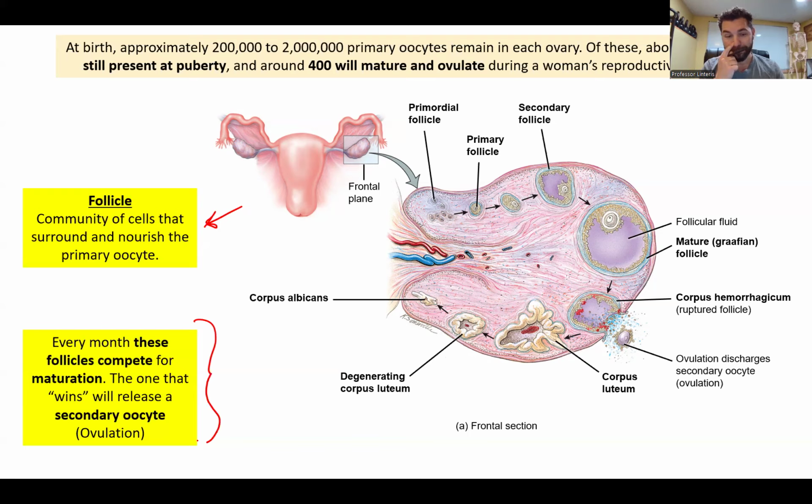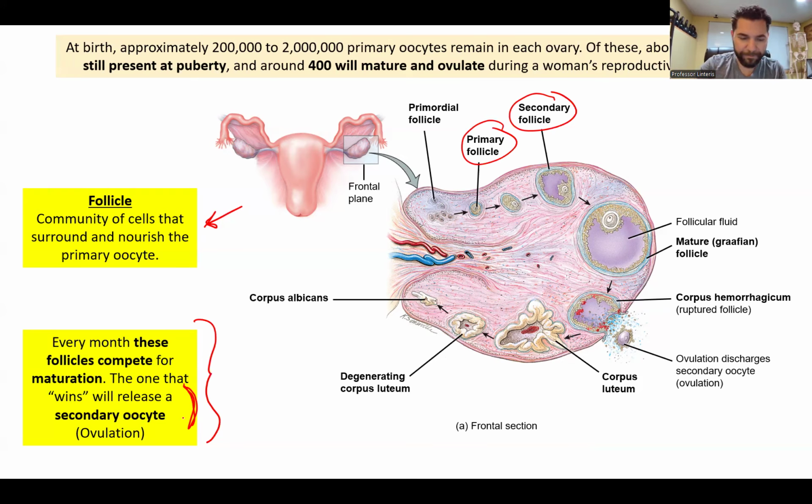But every month, these follicles grow. This is the follicular growth. This is not just showing the one cell. The one cell's in there. The one cell is this guy, that little white part on the inside of all those follicles. They are all growing, and one of them will become the ovulated secondary oocyte.